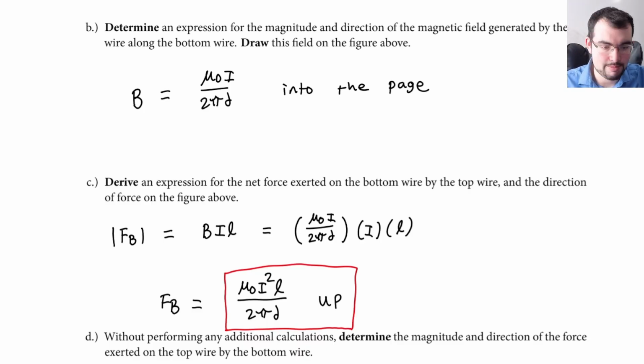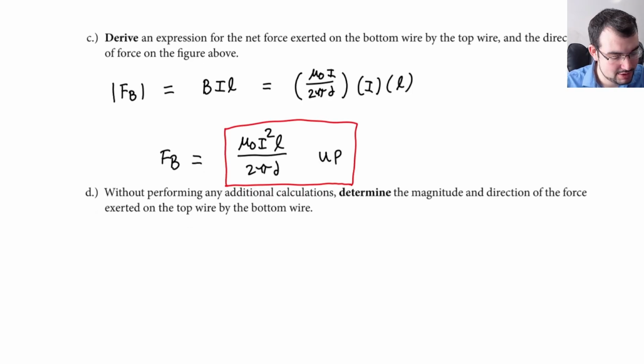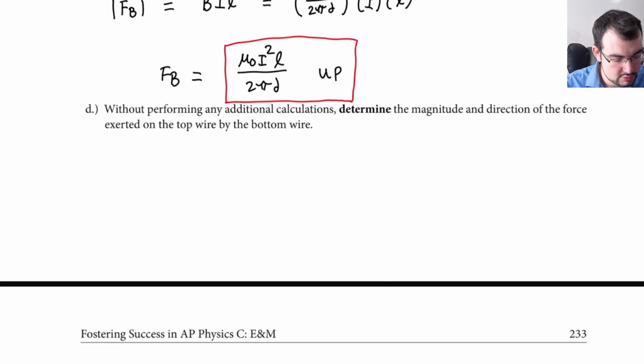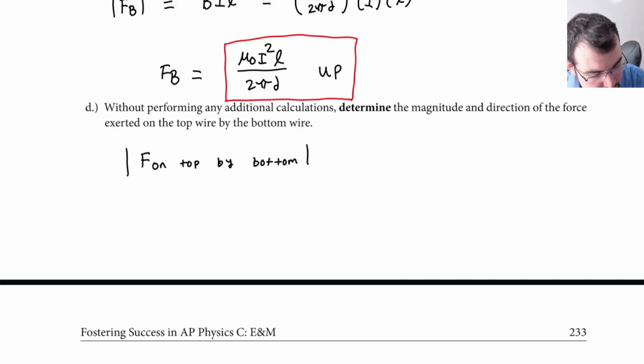What is the magnitude and direction of the force on the top wire by the bottom? So notice, what are we asking? We're asking F, and I'm writing this out just to really prove a point here. F on top by bottom is equal to, well, we just found F on bottom by top.